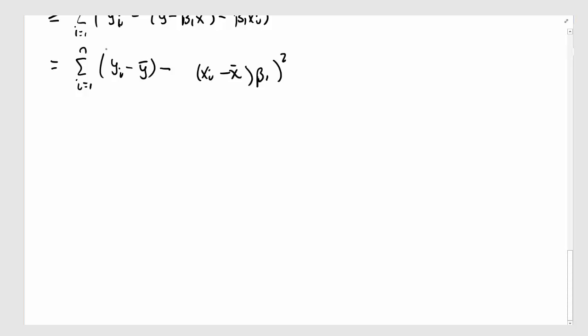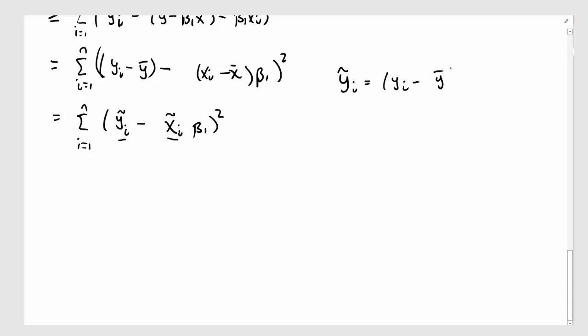Now, and I'm going to put some parentheses here, I'm going to rewrite this again. This is summation i equals 1 to n of yi tilde minus xi tilde, in both cases, times beta 1, squared. This is exactly regression through the origin, where now my outcome is y tilde and my predictor is x tilde, where yi tilde is equal to the centered y's, yi minus y bar, and my xi tilde is equal to the centered x's, xi minus x bar.